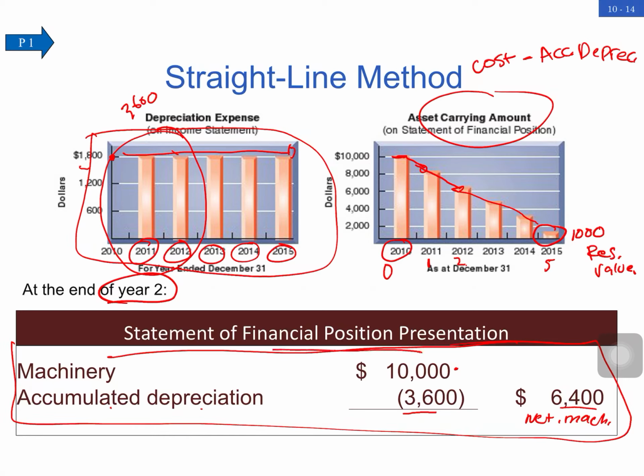In the statement of financial position, machinery or other PPEs will be displayed at the full amount, and then minus the accumulated depreciation. It's to show you the full amount of machinery and how much is already depreciated.